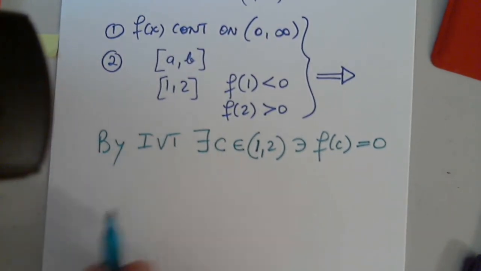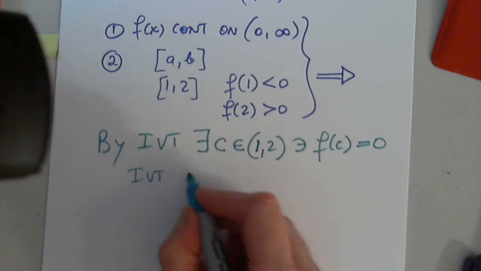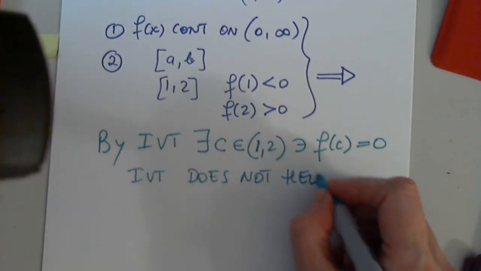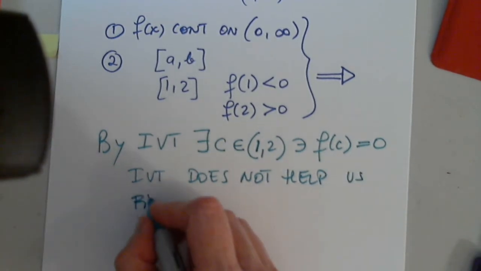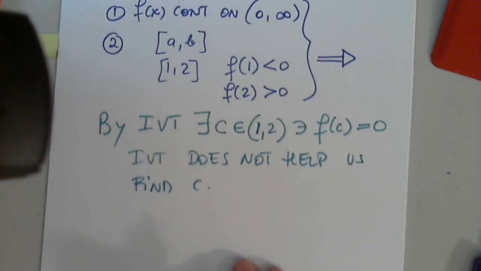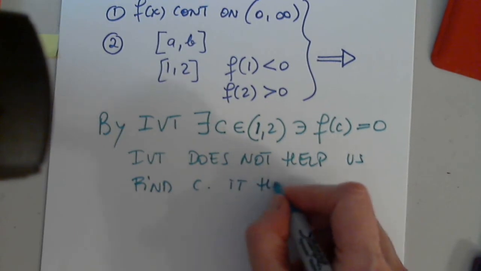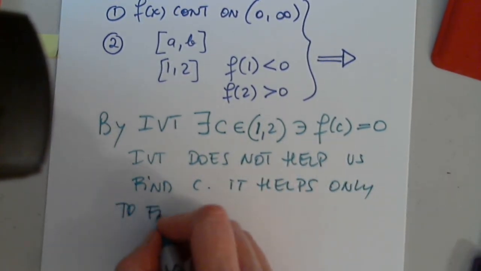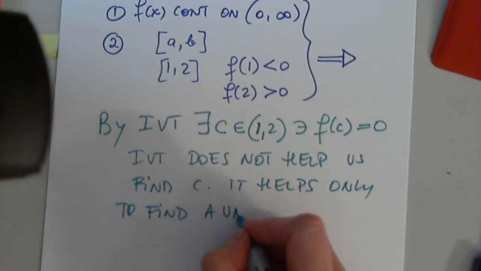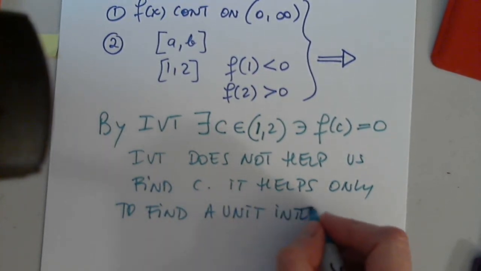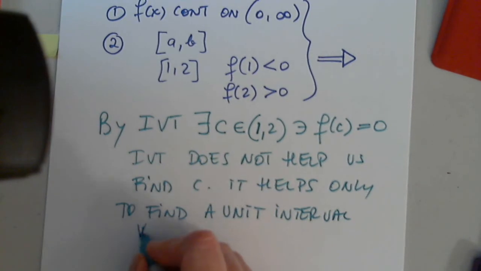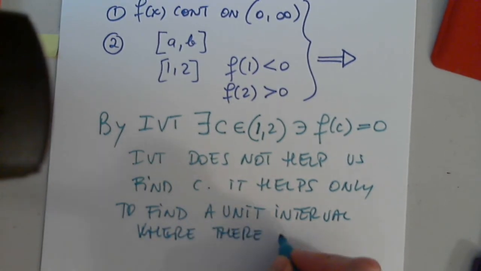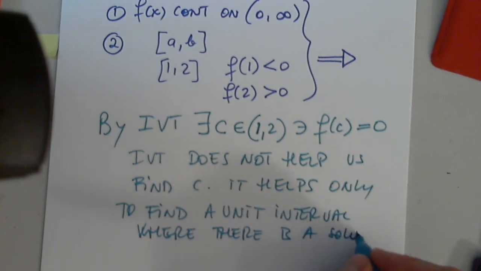We do not have the solution. IVT does not help us find c. It helps only to find a unit interval where there is a solution.